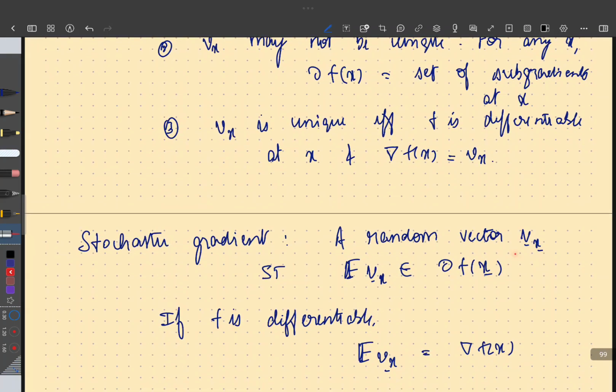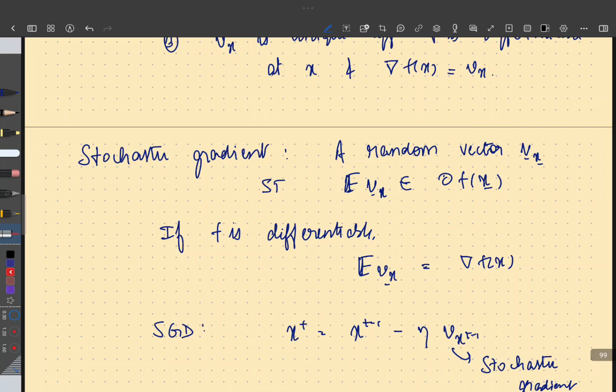So in expectation, the stochastic gradient must equal one of the subgradients. Any one of the subgradients is okay. If the function is differentiable at that particular point, then you want the stochastic gradient expectation to be equal to that of the gradient. Any other questions? The expectation is with respect to the randomness in the choice of this random vector.